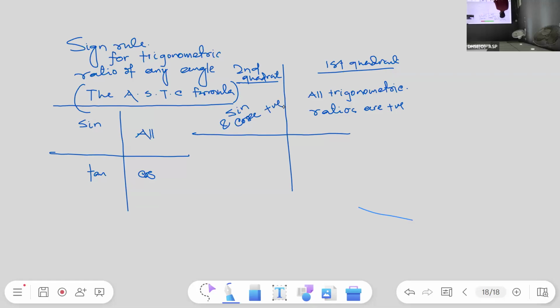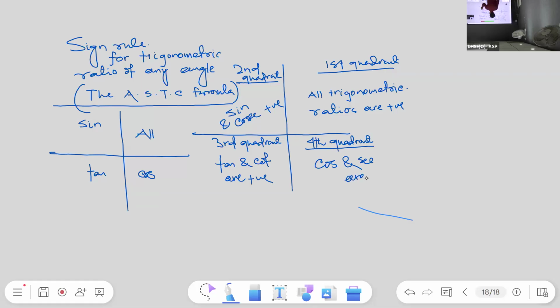In third quadrant, tan and cot are positive. In fourth quadrant, cos and sec are positive.